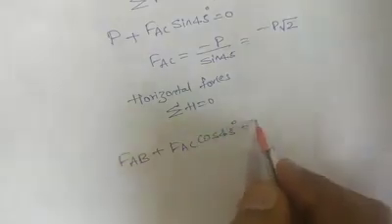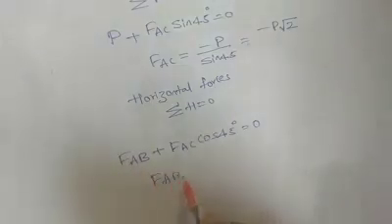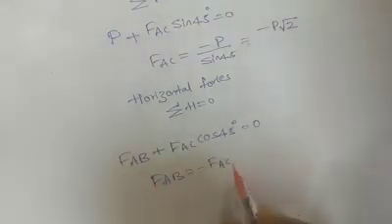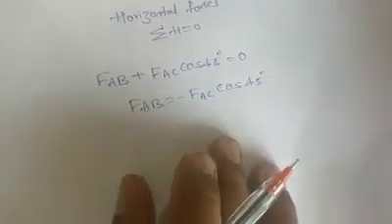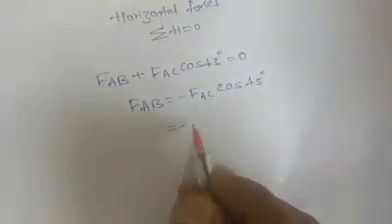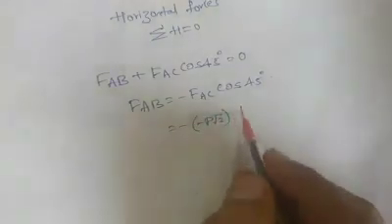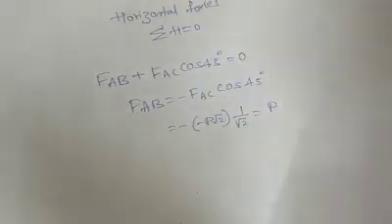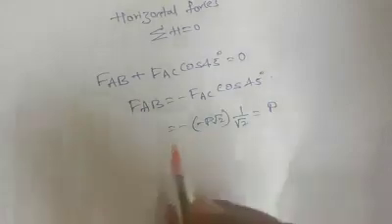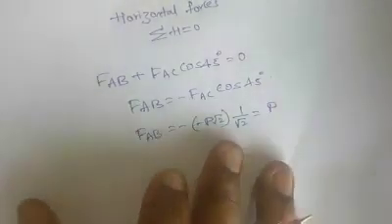Horizontal component is cos 45 degrees. So FAB is equal to minus FAC cos 45 degrees. FAC we got as minus P root 2. Cos 45 is 1 by root 2. This will become P. FAB is P. Substitute here.